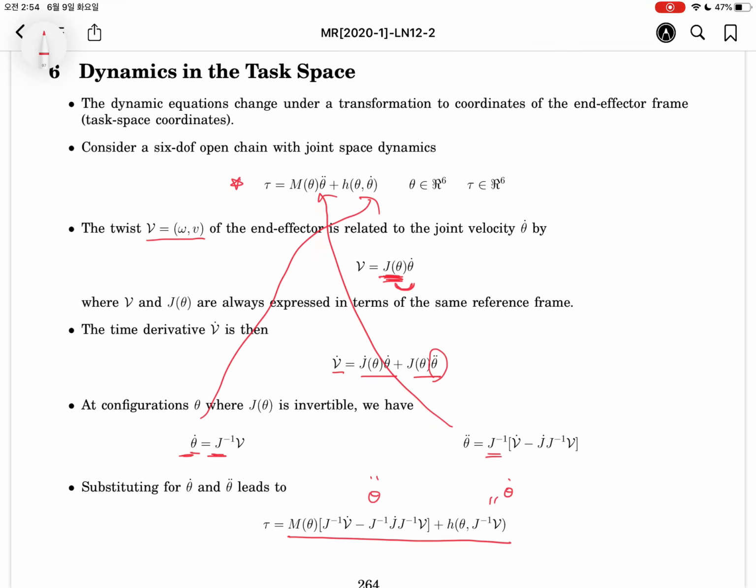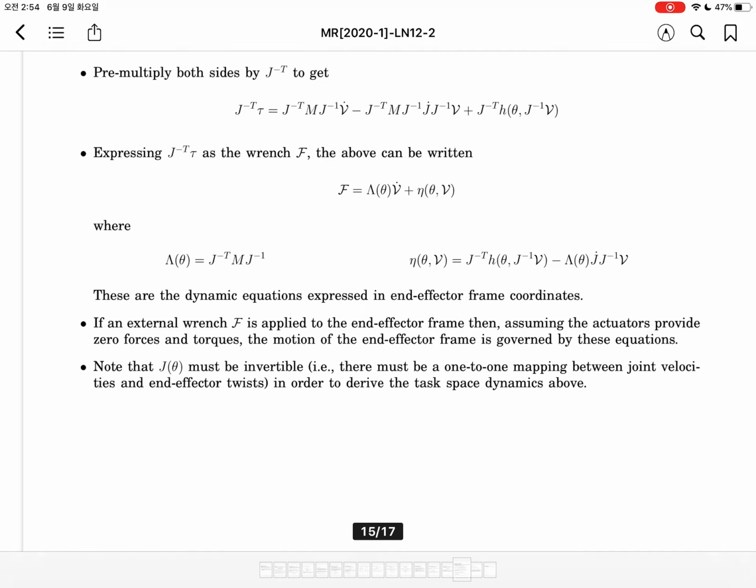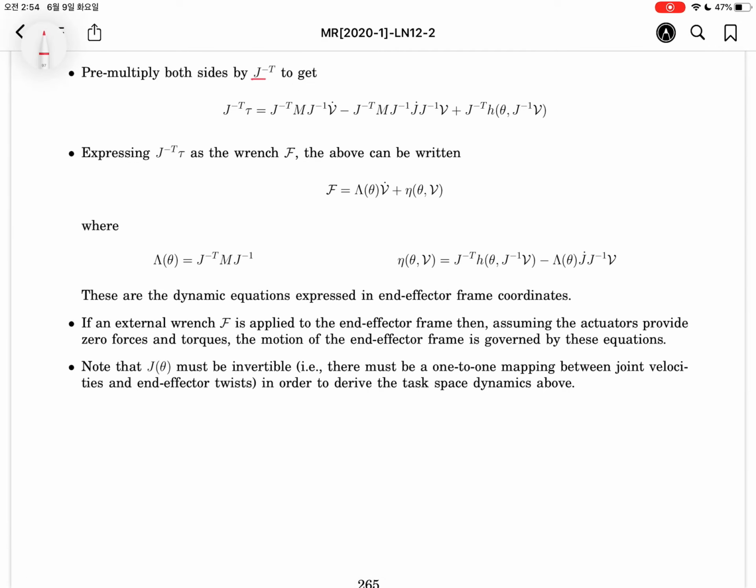By rearranging this equation according to V, we multiply both sides by J inverse transpose. Every term will have the J inverse transpose because J inverse transpose will provide the wrench. Maybe you know that tau is J transpose times the wrench.